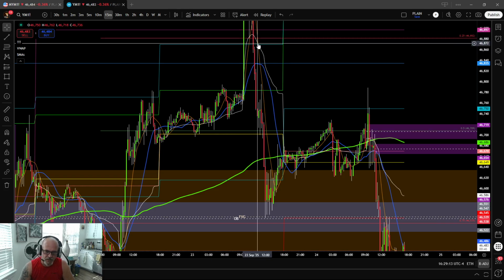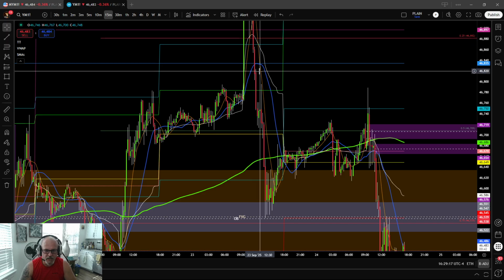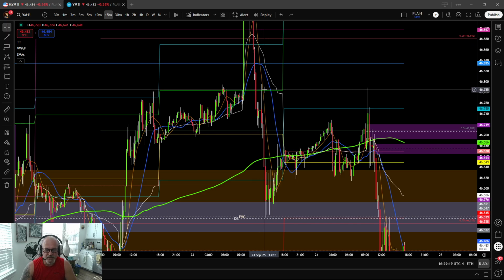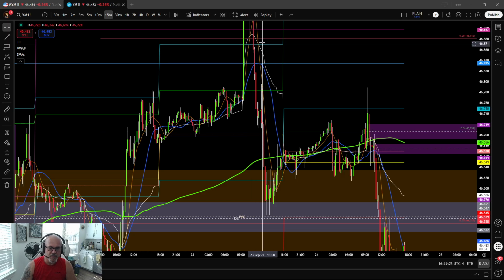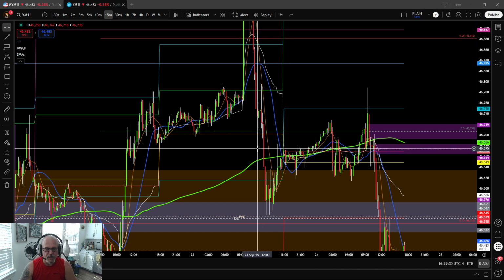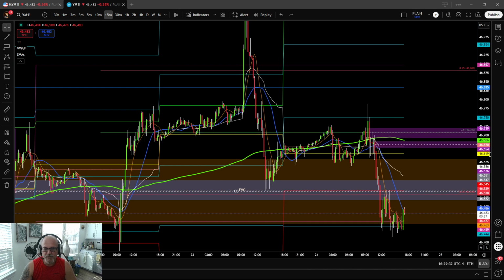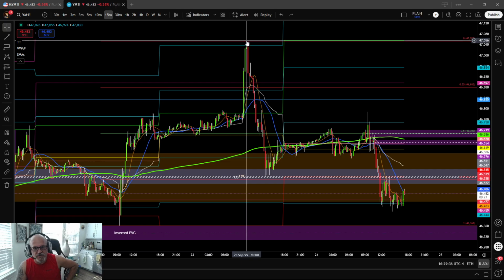That doesn't make one. Well, then I'm not considering that to be the start of a pullback. I want to see a fair value gap or an inverted fair value gap at this level to say we are going to go lower. Okay. After having pulled my DRT level to the top of this 4 hour candle.